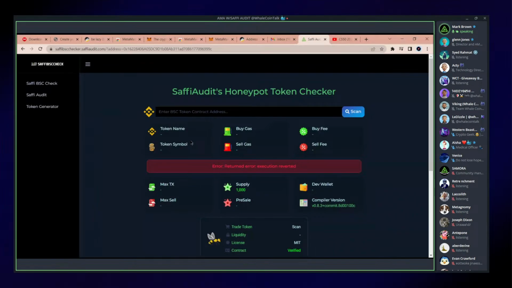It's gonna be easy for people to use. We're not trying to get funds from every utility we have. We're trying to have mainly the funds from the audits we're gonna be doing. It's gonna be free, as the academy is gonna be free and the staking is gonna be available for everyone.